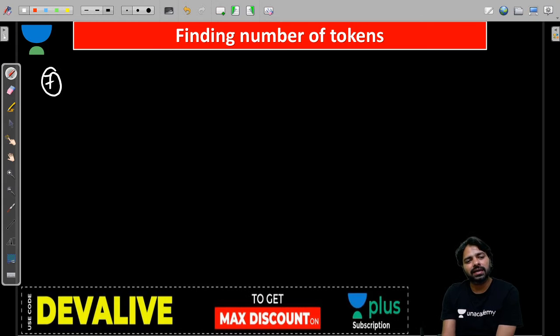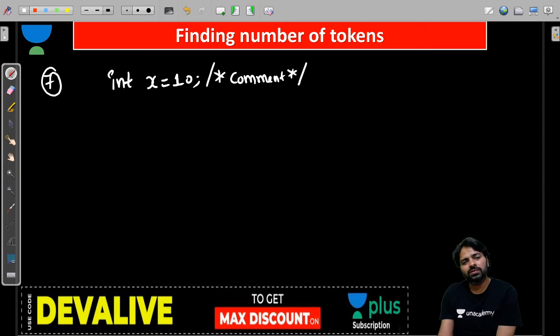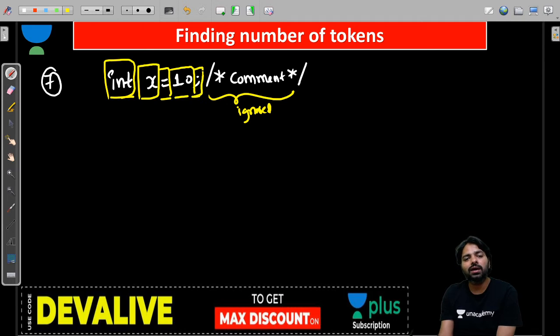Let's write a comment also, then it will be understood. int x is equal 10, and let's write a comment here. What is this? int x equal 10 semicolon, and this comment is ignored, but again identified by the lexical analyzer only. It identified int, x, equal, 10, semicolon, and this also, but it deletes the comment and the remaining will be produced.